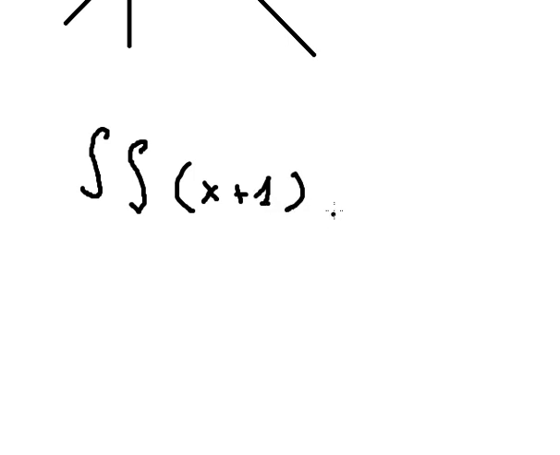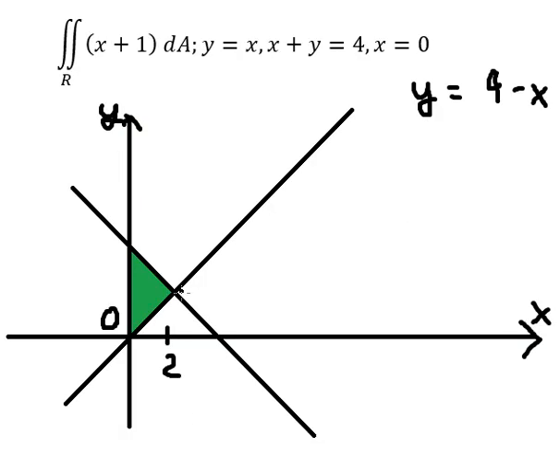So we need to put the bounds in here. About the y, y should be this one. This one is about y equals x. This one is about y equals 4 minus x.